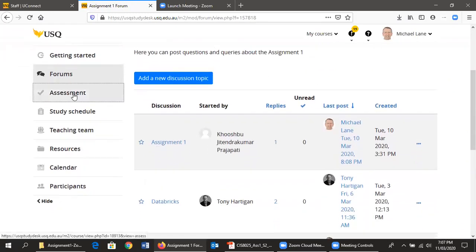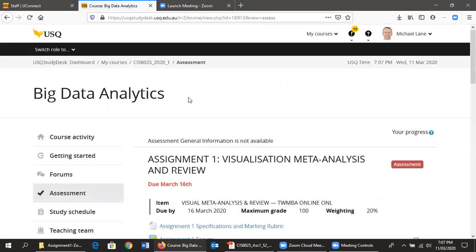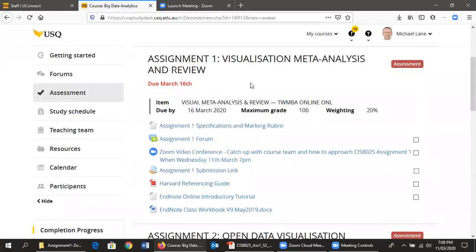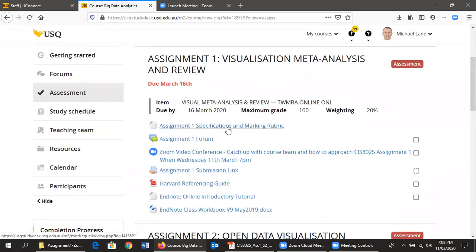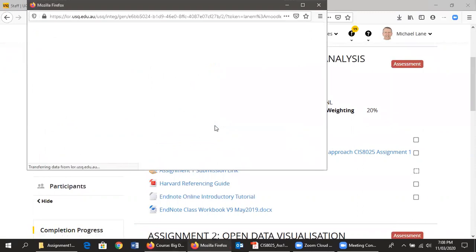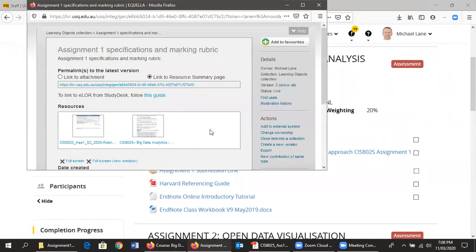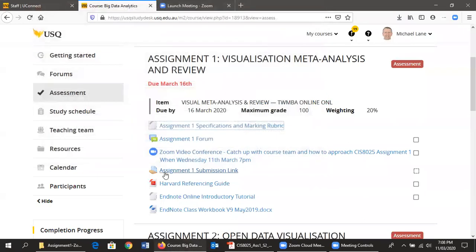If you want to go to assessment in total, you'll see assignment 1 and then assignment 2. In assignment 1, if we click on this, it opens up and you can download the actual assignment 1 specifications and the marking rubric, which we'll look at in more detail.